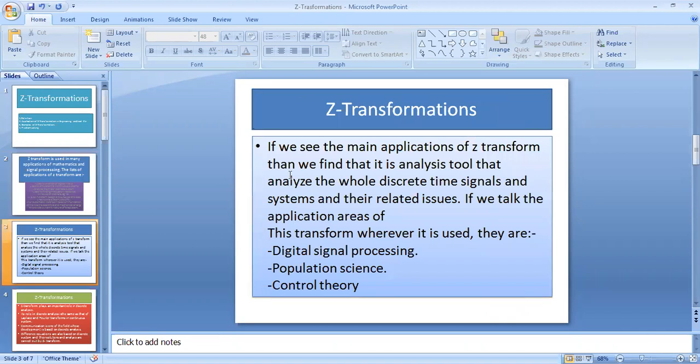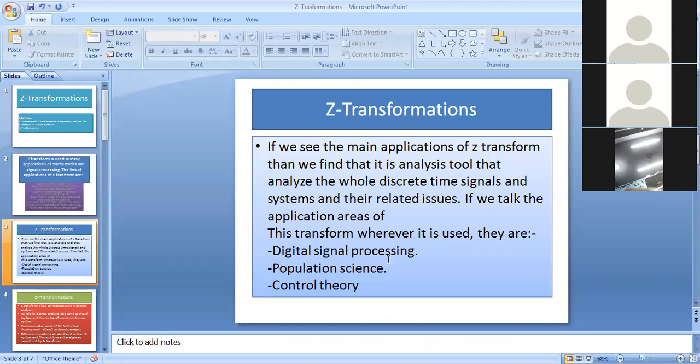Now, the main application of the Z transform is that it is a tool that analyzes discrete time signals and systems and their related issues. The application areas where it is used are digital signal processing, population science, and control theory.